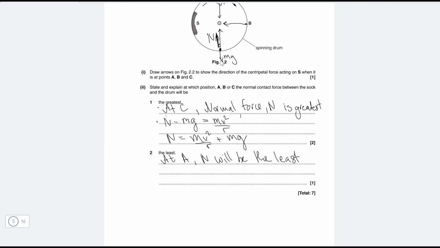So we can say that the net resultant force, N plus mg, will be equal to mv squared over r, meaning that N will be mv squared over r, take away mg. Okay, on to the next question.